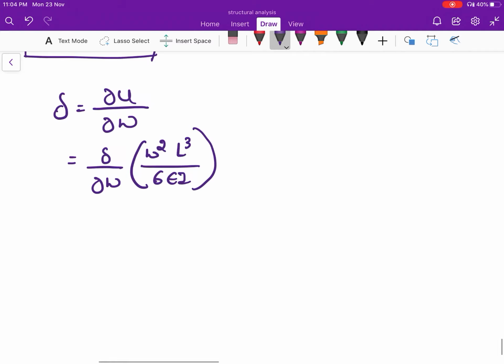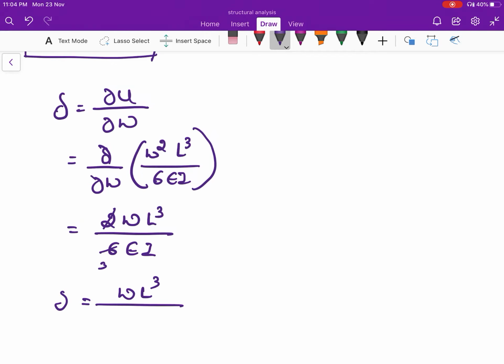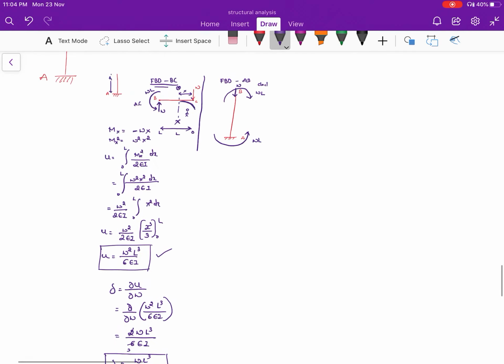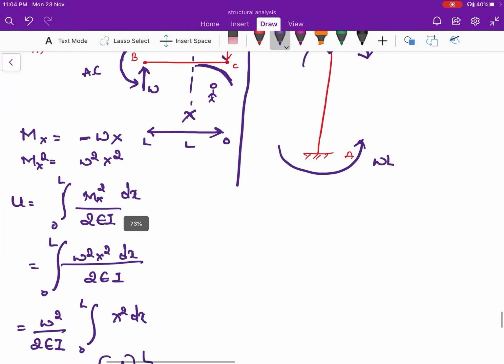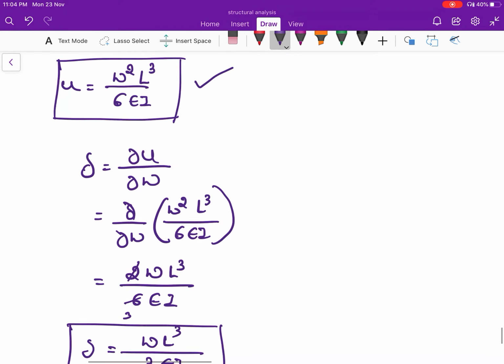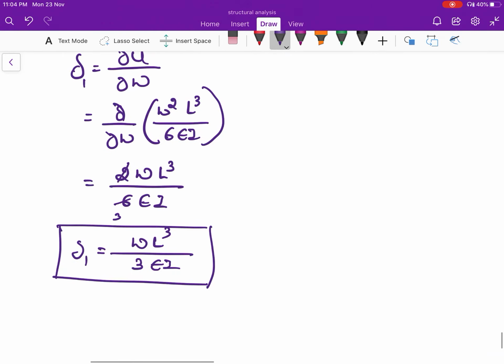If we differentiate with respect to W, which comes to be 2W L cubed divided by 6EI. 2 ones are 2, 2 threes are 6, where delta will be equal to WL cubed divided by 3EI, which is the deflection caused due to the member BC. Okay, let me take this as U1 and this as delta 1.